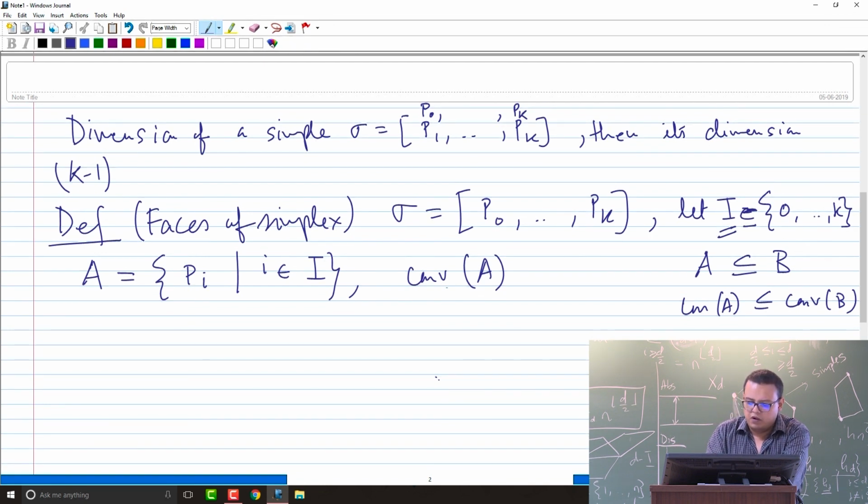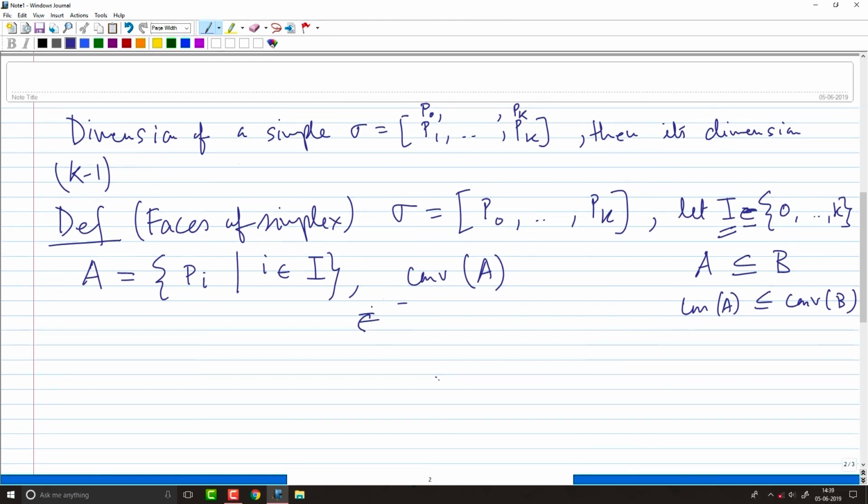So, the convex hull of A contains what? It contains points of the form sum of lambda i p i, where i belongs to the index set I, such that lambda i is greater than or equal to 0 and the summation of lambda i over capital I is equal to 1.